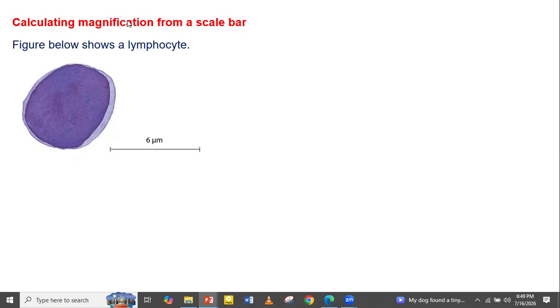So what are you going to do? Now, this scale bar always has a figure that is written close to it. And that figure written close to the scale bar is always actual size. Always, that is actual size. This scale bar itself, whenever you measure it, that is always image.